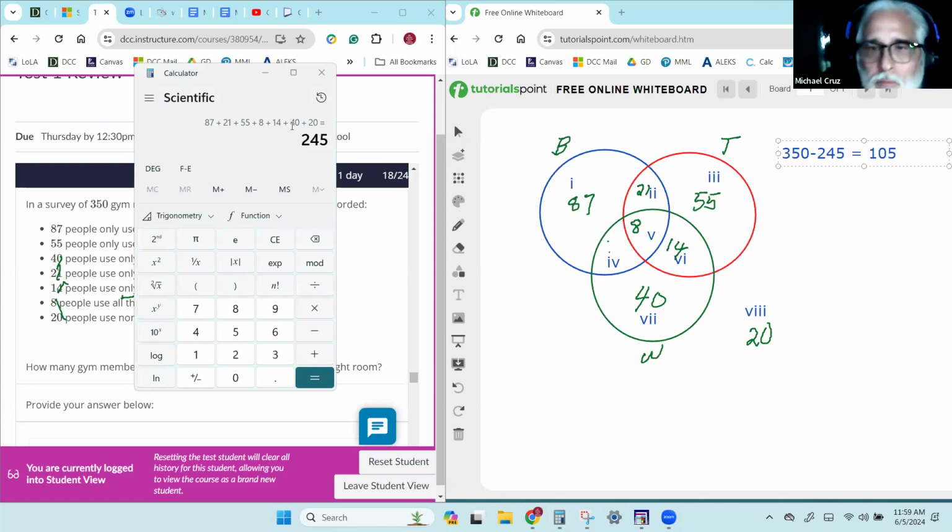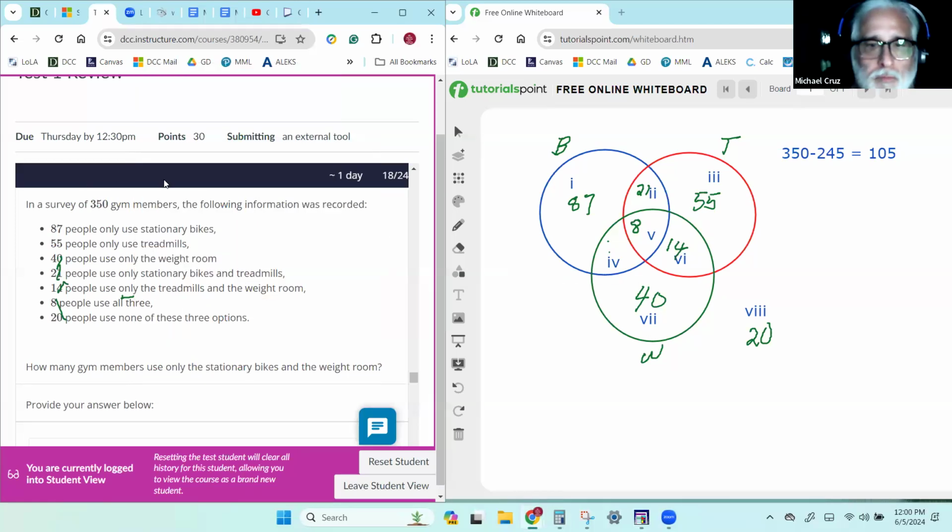Is that right? Right. 105. So 105 and the 105 is the people that do bikes and weights.